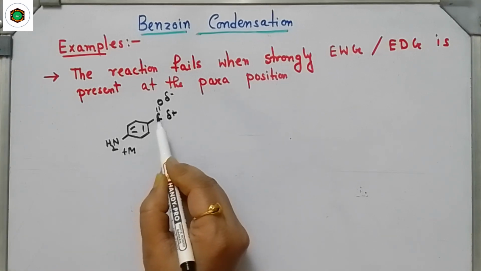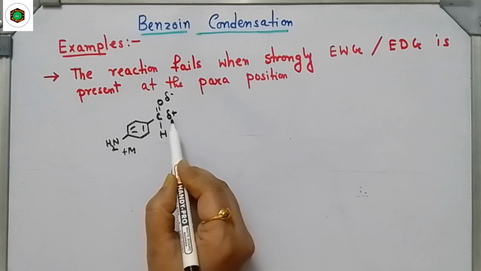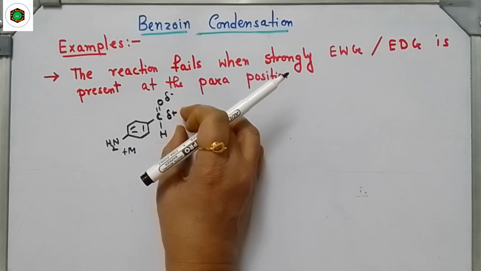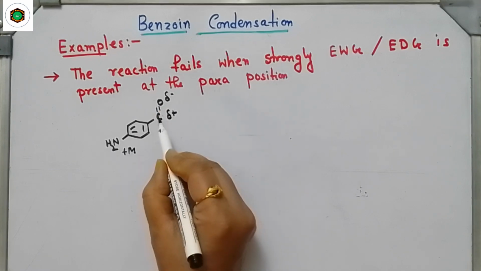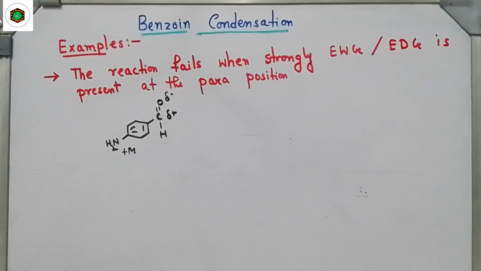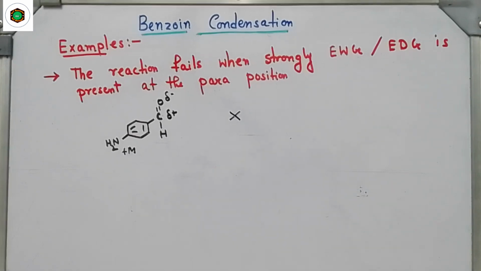It will supply electron density on this carbon, so that positive charge density will be decreased, so it will not act as good acceptor molecule. That carbon center is not sufficiently electrophilic, so this will not give benzoin condensation.